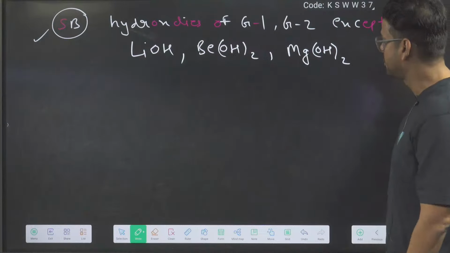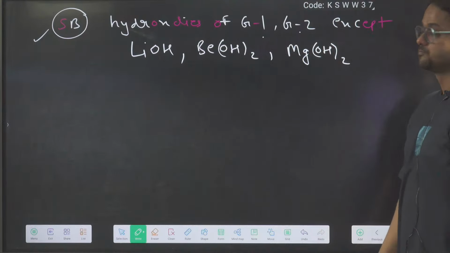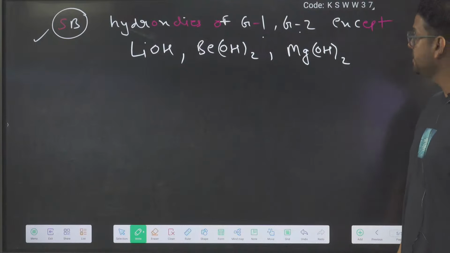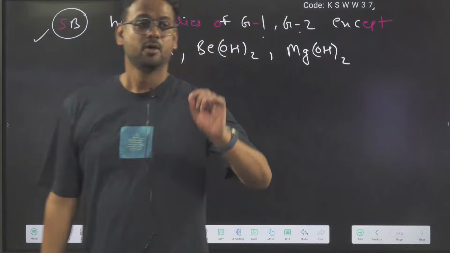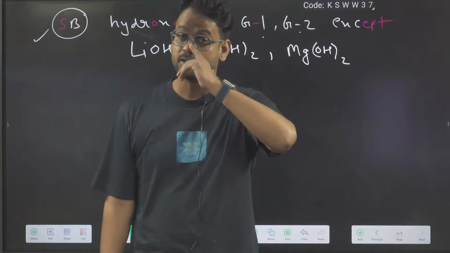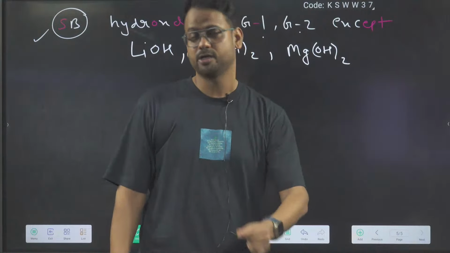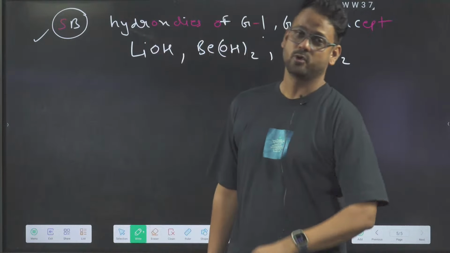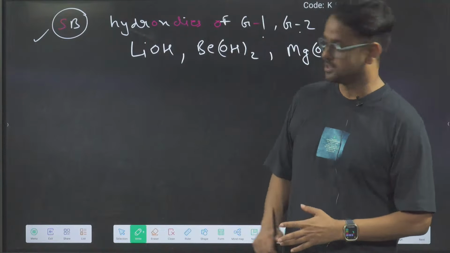So hydroxides of group 1 and group 2, except LiOH, Be(OH)2 and Mg(OH)2, all the remaining ones are strong bases, which means they will undergo 100% dissociation. Okay. NaOH, KOH, RbOH, CsOH, Ba(OH)2. These are all your strong bases.